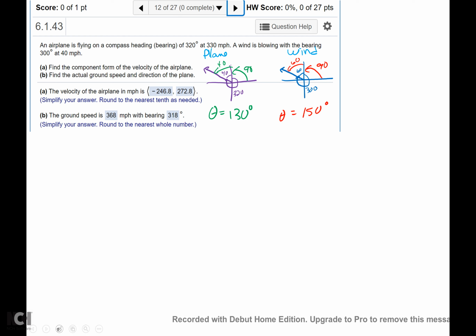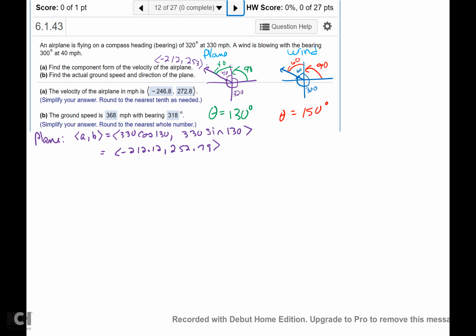So now, if I figure out my plane's components, my plane will have components AB at magnitude 330 times cosine 130 and 330 times sine 130. That gives me negative 212.12, comma 252.79. So the vector components of the plane are negative 212 and 253 if I round.